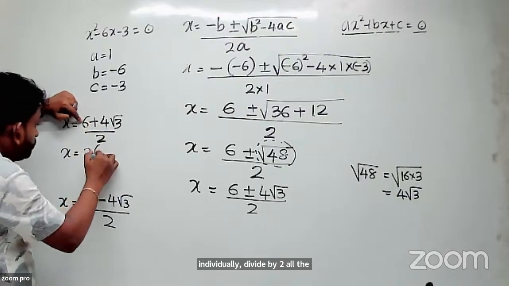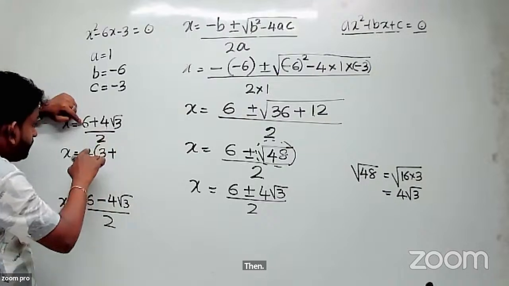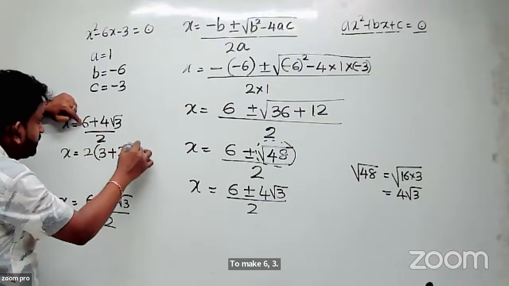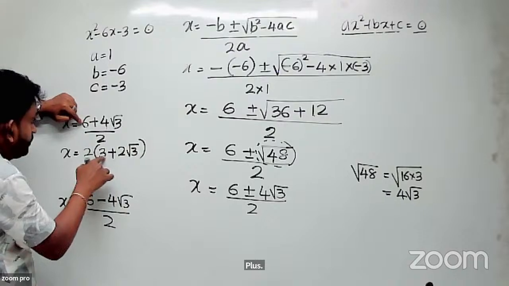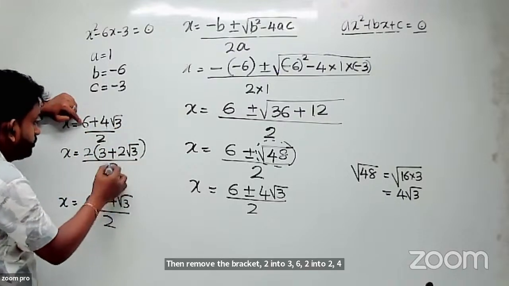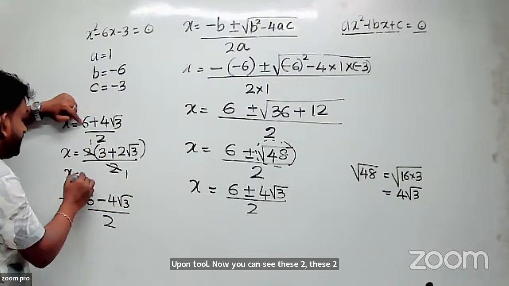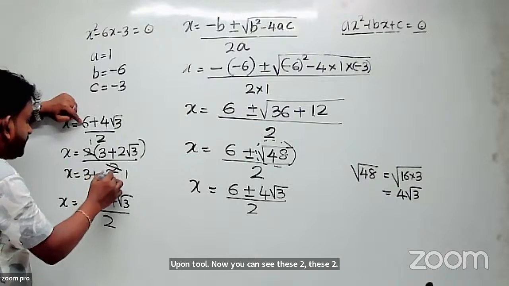Then to make 6, 3 plus, to make 4, you have 2 root 3. Remove the bracket, 2 into 3, 6, 2 into 2, 4 root 3, upon 2. Now these two cancel. Then the final answer for x is 3 plus 2 root 3.